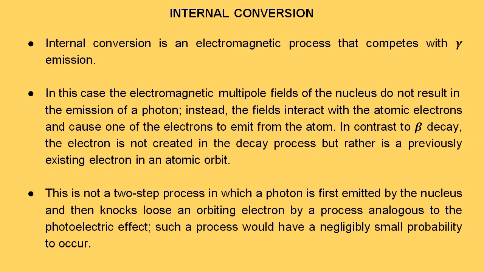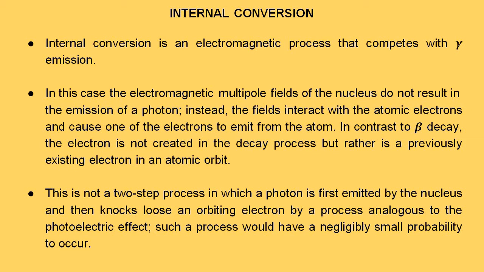So, before the decay process, that electron was not present. But here, you have already an electron which is existing in one of the shells of the atom, and that electron is emitted with the decay energy.